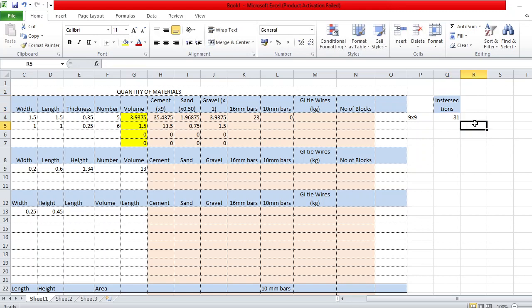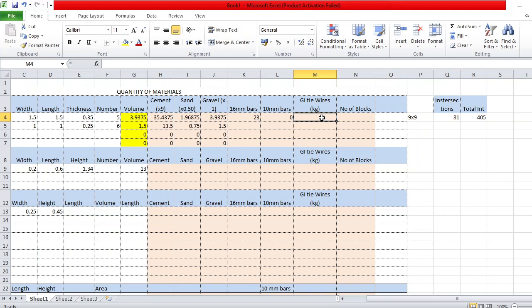So, total intersections will be equal to 81 multiplied by 5. Ito, kasi ito yon. So, meaning, how many intersections do we have? 405. So, apply na natin yung formula.